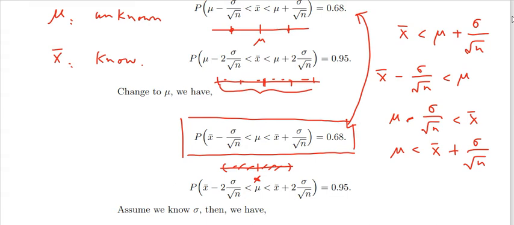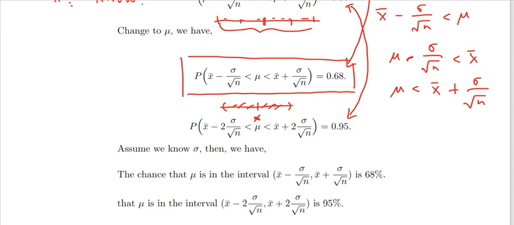So we say mu is in this range, where the center is x bar. Extending to 2 sigma, x bar minus this, x bar plus this, this is 95%.